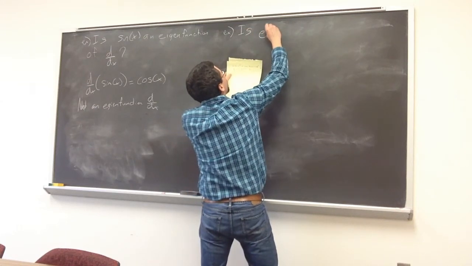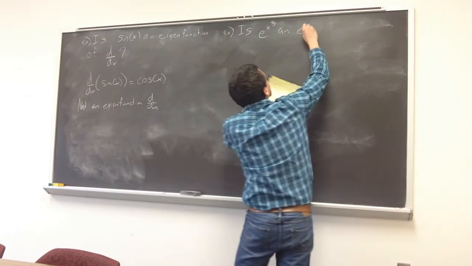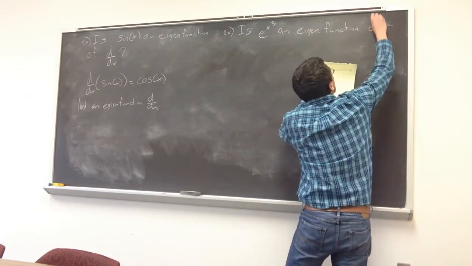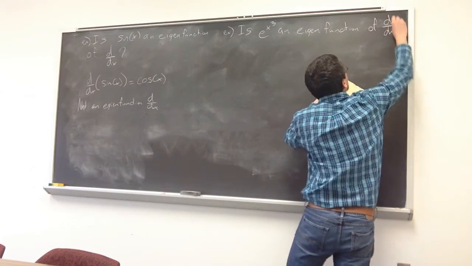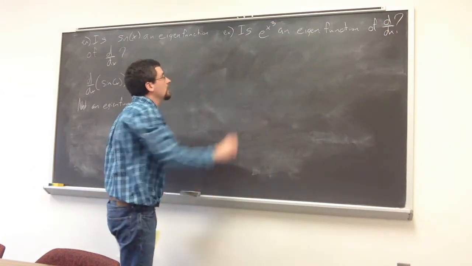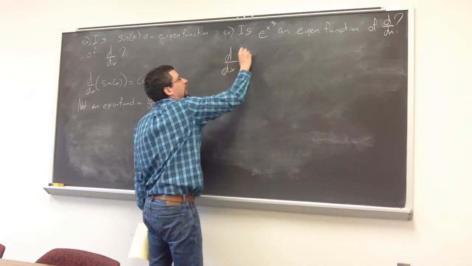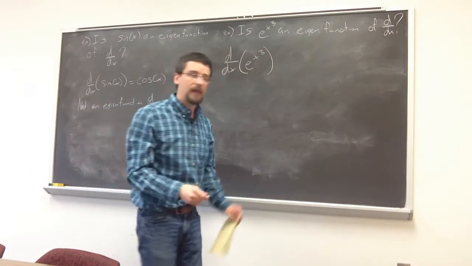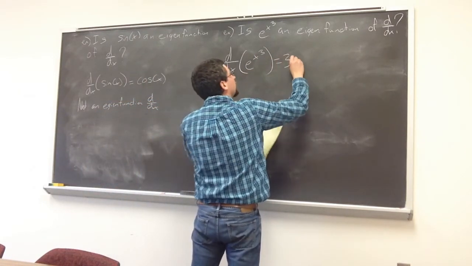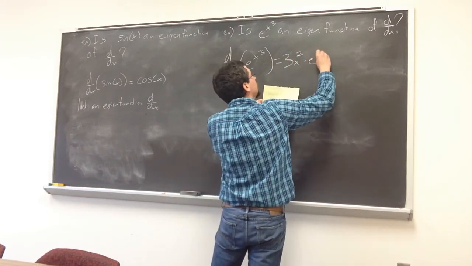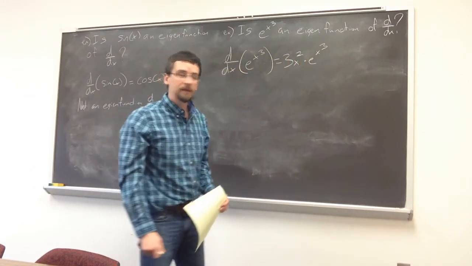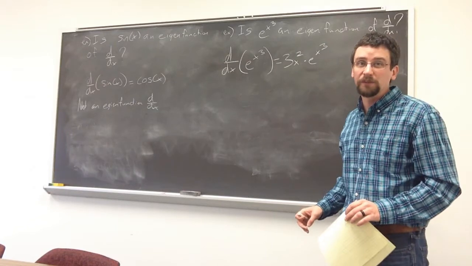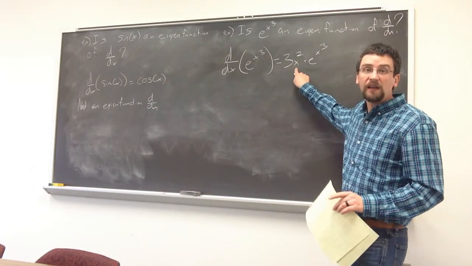Let's look at one more example. Is e to the x cubed an eigenfunction of d dx? We're going to take the derivative of e to the x cubed with respect to x. Again, we have to follow the chain rule. Doing that, we get 3x squared times e to the x cubed. Now you may be tempted to say, hey, we got e to the x cubed back out, so yes, it is an eigenfunction. However, look at the x squared located right here.